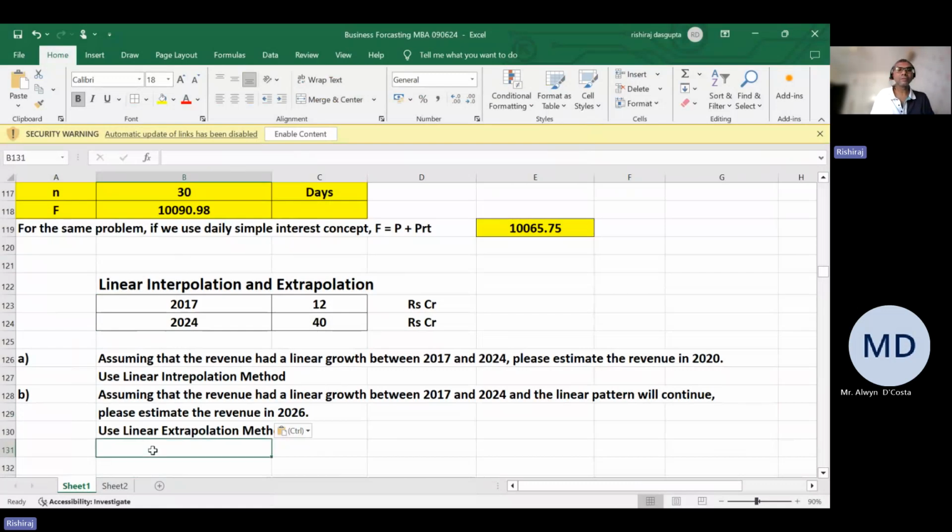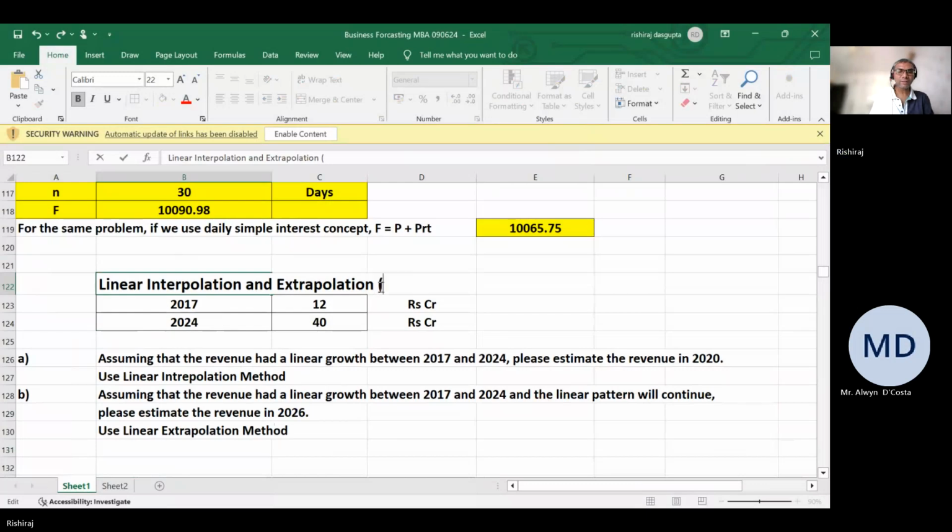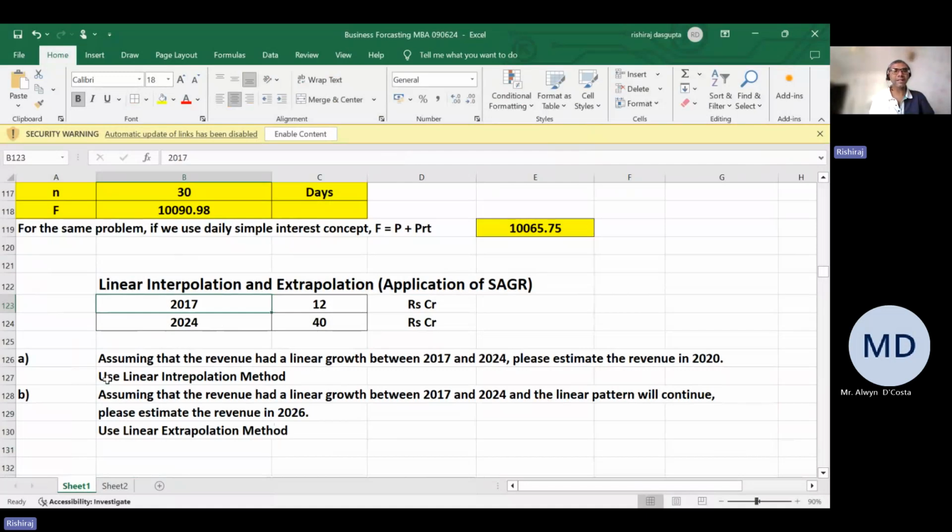Linear interpolation is nothing but using SAGR. This is SAGR interpolation and extrapolation, an application of SAGR as a concept: linear interpolation, linear extrapolation.